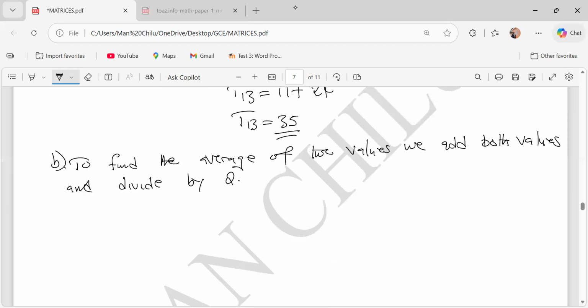So I will say (5 plus C) over 2 will be equal to 11.